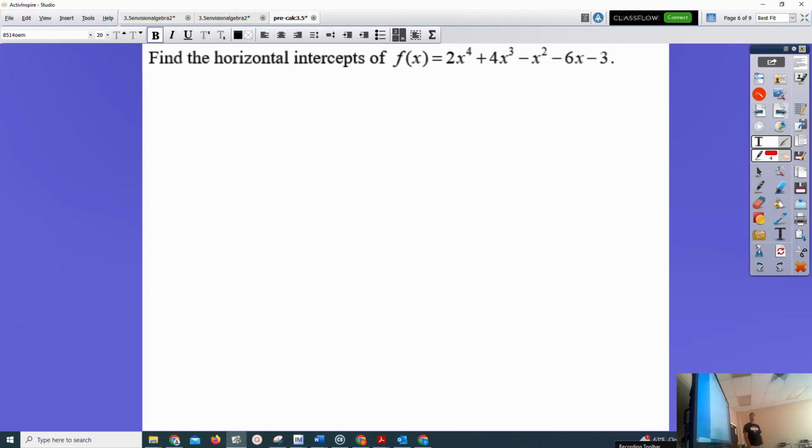So find the horizontal intercepts of this thing, 2x to the 4th plus and so on. Your legit goal is to guess zeros until reduced to a quadratic. That is your goal.